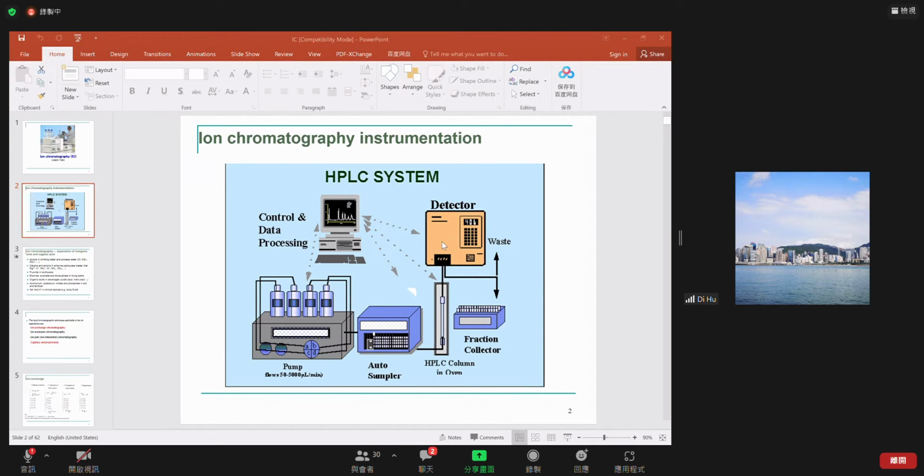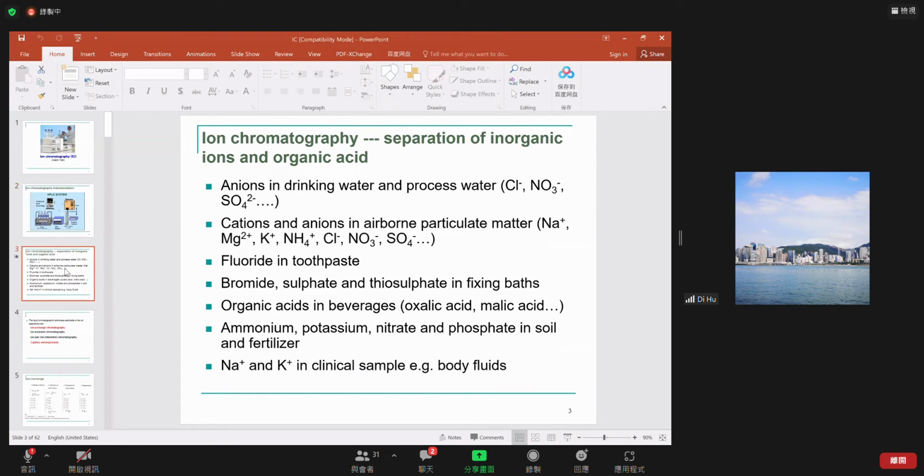For the mobile phase, if you're using strong acid or strong base, those ions are conductive too. How can we remove the signal from the mobile phase, how can we lower the background? That will be something we talk about when we talk about the detector part. So it's a little bit different from normal HPLC.